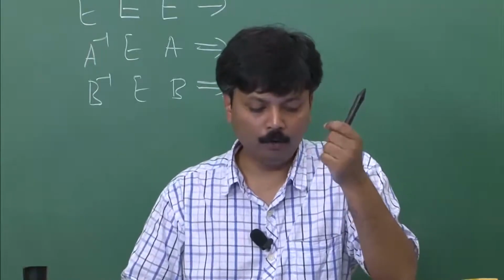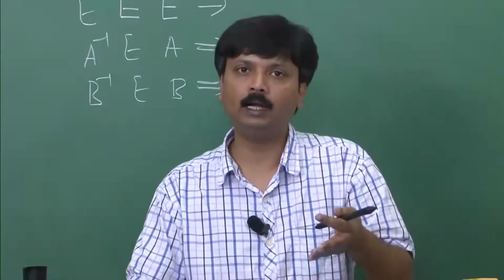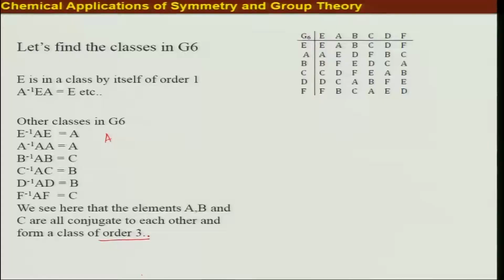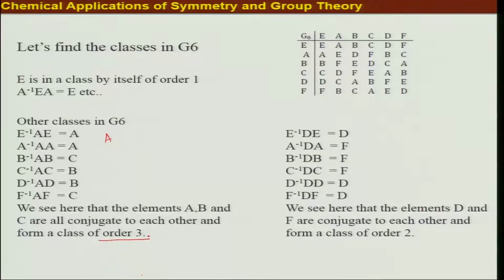If you do a similarity transformation of any one of them, you will get back A, B and C, which you have already found, so there is no point in repeating the same thing. So you do it with, say, D. You could choose F as well; both will give you the same result. When you do the similarity transformation on D in the same manner, you find that D and F are repeated 3 times. So they form a class, because D and F are conjugate, and the order of this class is 2.